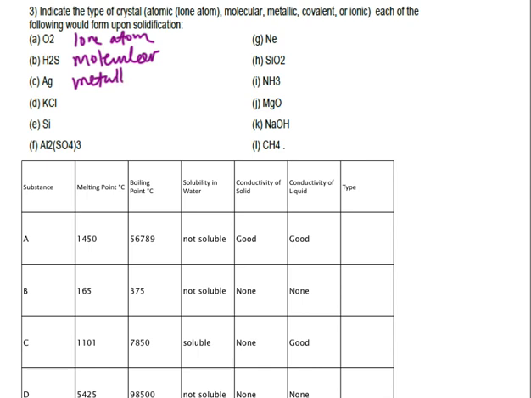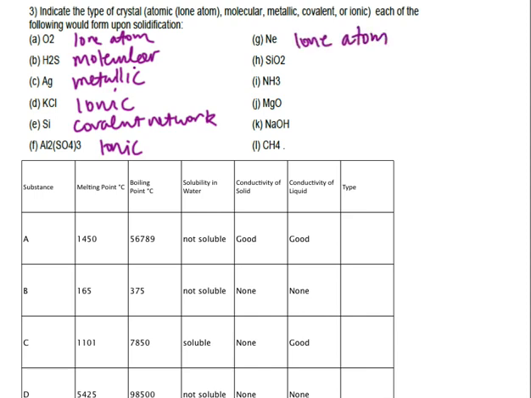KCl? Ionic. Si. Covalent network. Aluminum sulfate. Ionic. Neon. That's lone atom. Silicon dioxide. Covalent network.